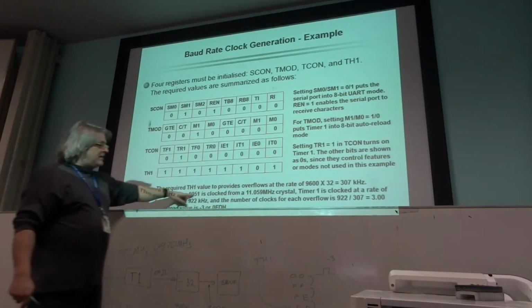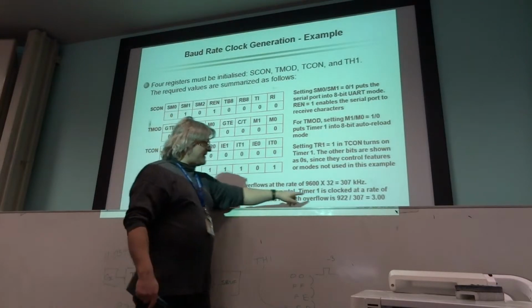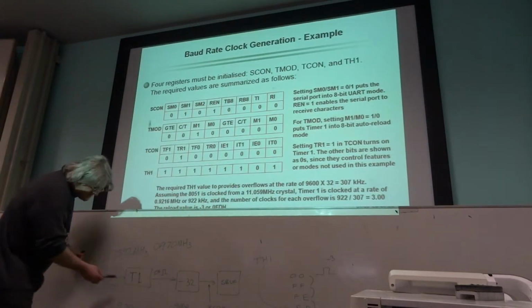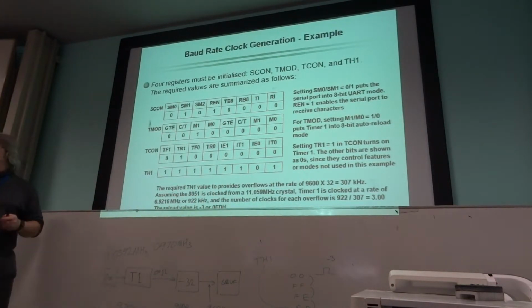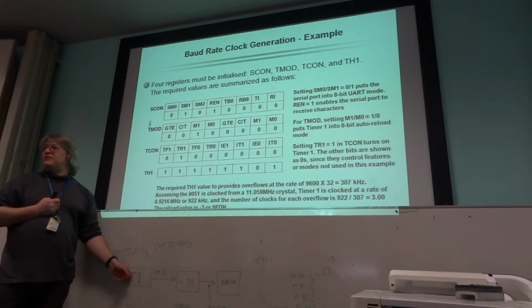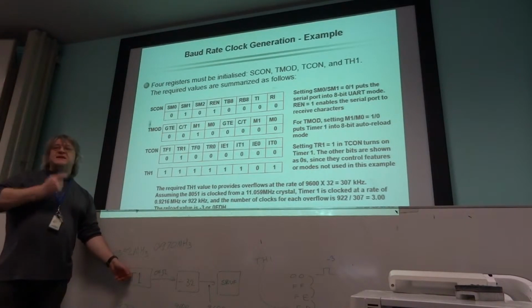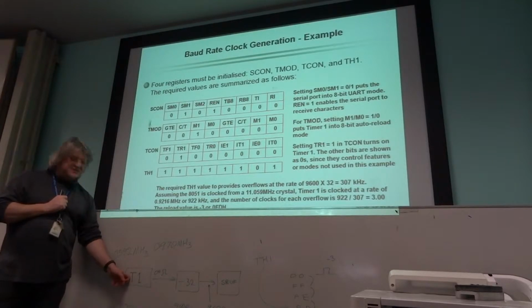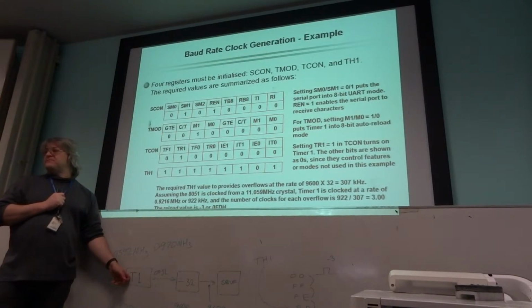Then we worked out, in fact, 922, or 0.922 megahertz, or 922 kilohertz, is the rate at which this timer will be counting if we had an 11.0592 megahertz crystal. Why is that? Because it takes 12 clock pulses of the crystal's clock to complete one machine operation, such as adding one to the counter.